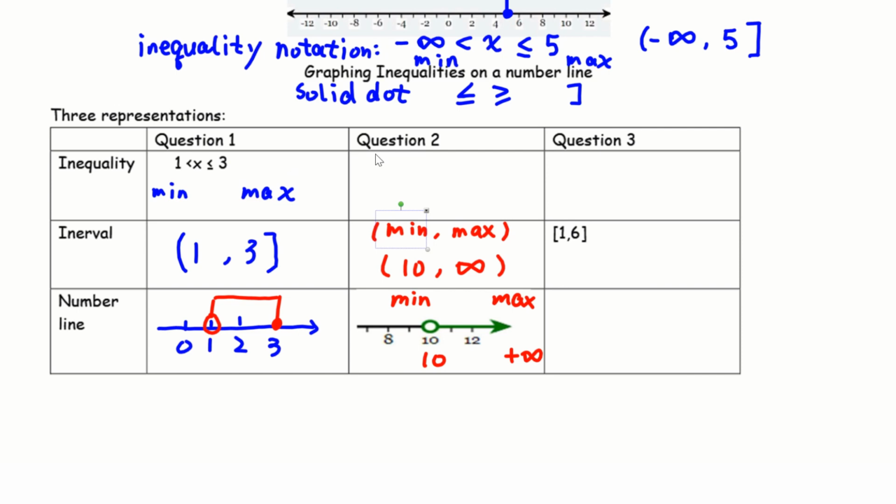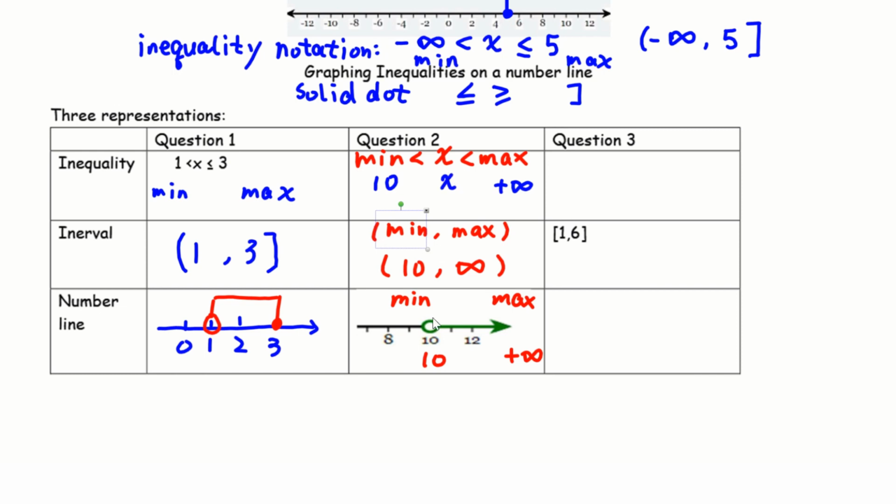And for the inequality, it's just minimum, maximum, with less than signs, putting the variable in the middle. If you have a solid dot, we put an equal sign there, otherwise no equal sign. So this one, we put minimum 10 here, maximum positive infinity.